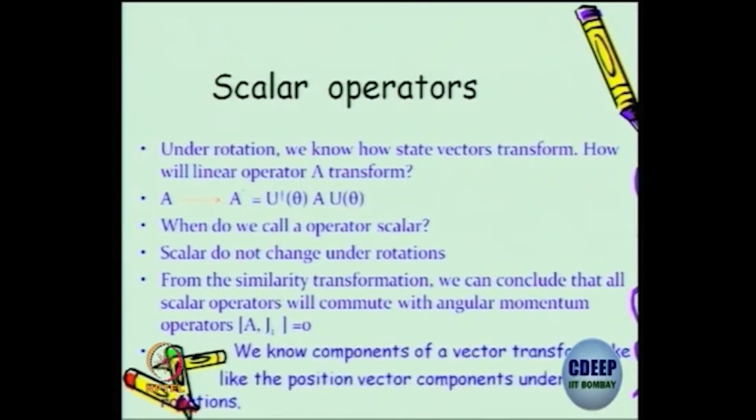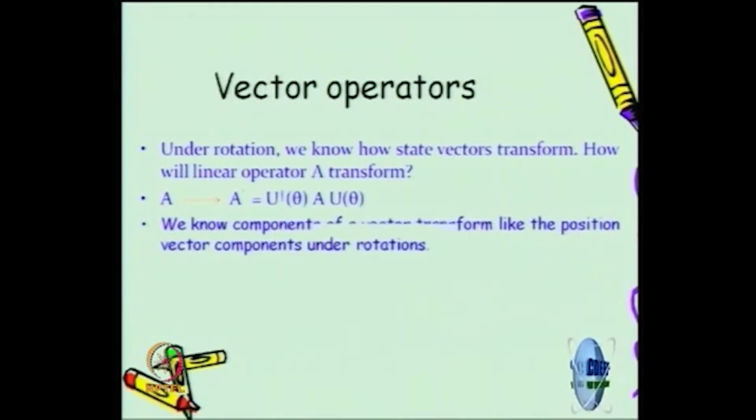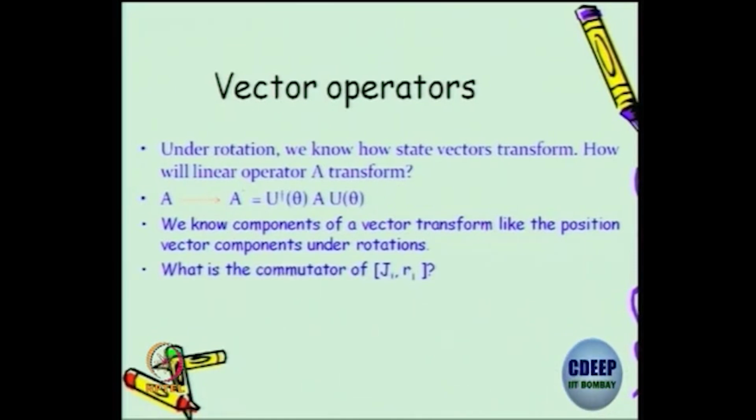So now what happens to the vector operators? Vectors in classical mechanics transform like the components of a position vector, and the corresponding vector operator should transform like the position operator. If you put that in, you have how A prime will transform; how a position vector transforms, this we have elaborated.